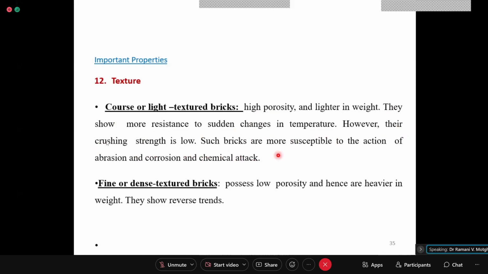Such bricks are more susceptible to the action of abrasion, corrosion and chemical attack. Whereas fine or dense textured bricks possess low porosity, hence are heavier in weight. They show the reverse trend. Reverse trend means better strength against crushing and other things.